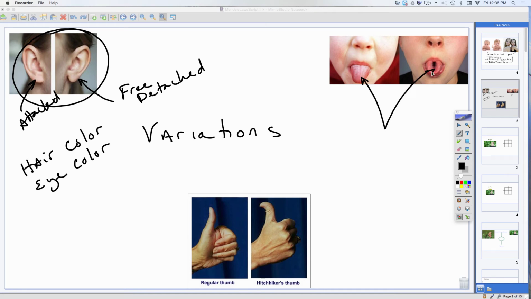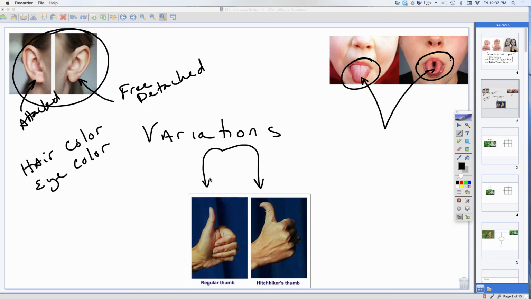And the opposite is true, that I'm fairly certain that many of you who are rollers did not know that there are non-rollers. And then finally, it's interesting that some people have what we would refer to as a hitchhiker's thumb, and others have what we refer to as a straight thumb.